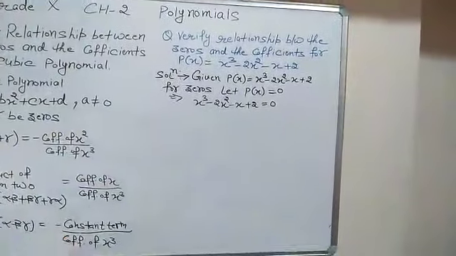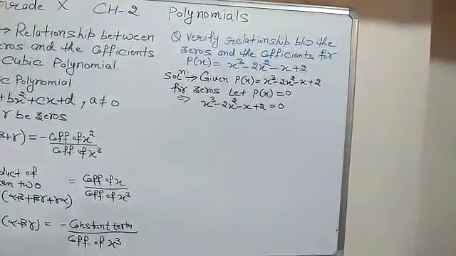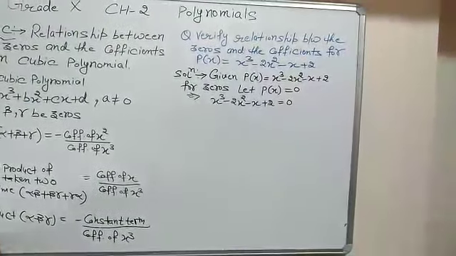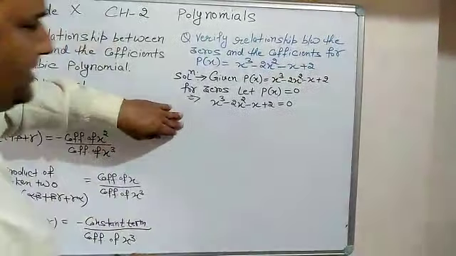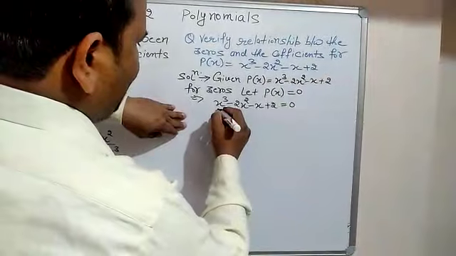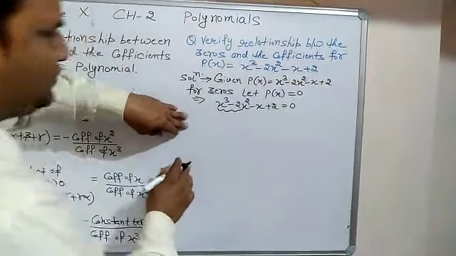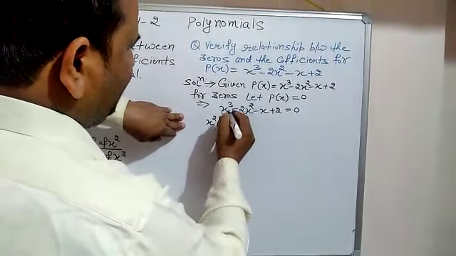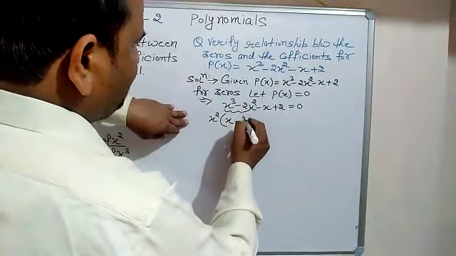Now we have various methods to split the cubic polynomial, but here we use the factorization method. You can see that out of these two terms, x square is common, so x square is outside, x is left, minus 2.